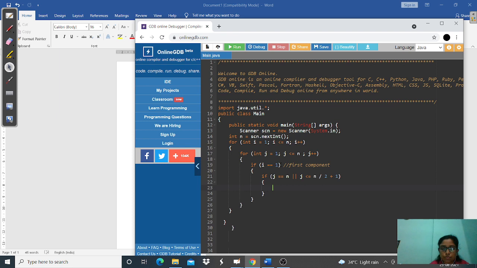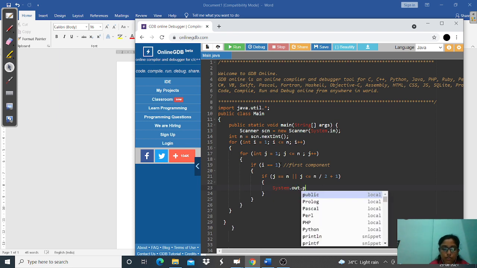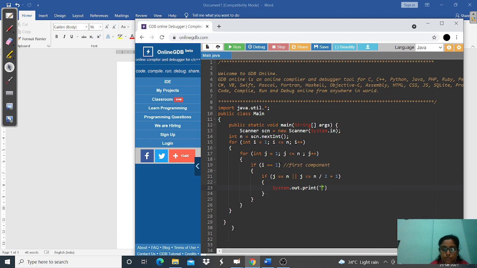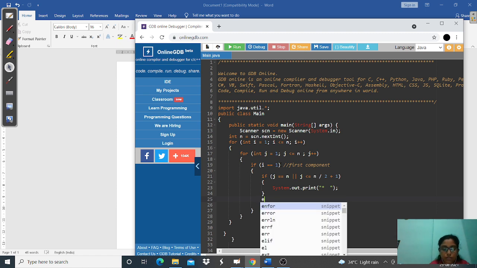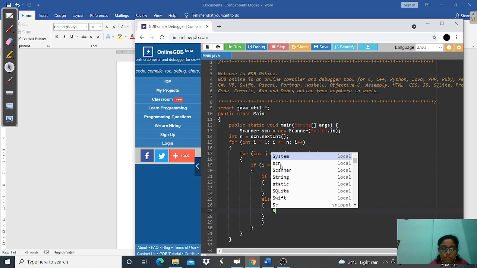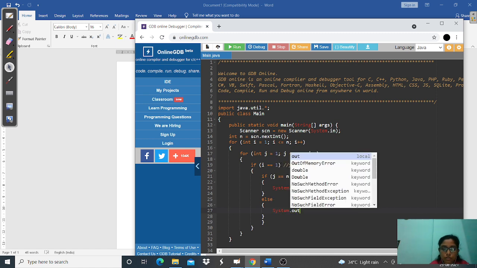So we have to print this line: System.out.print. Now there is a condition, if, and here also comes else. Print System.out.print.